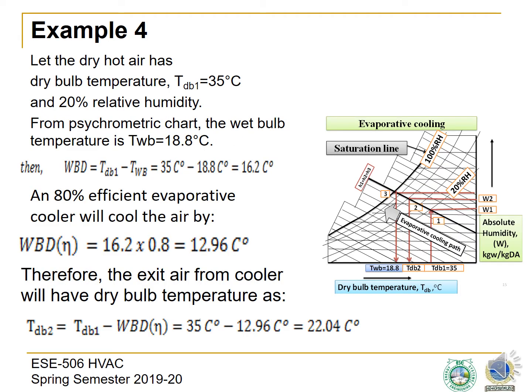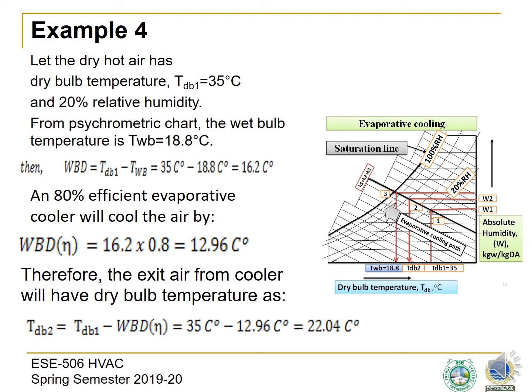Practical example 4, to explain evaporative cooling. Let the dry hot air have dry bulb temperature 1 of 35 degrees Celsius and 20% relative humidity. From the psychrometric chart, the wet bulb temperature is found to be 18.8 degrees Celsius.